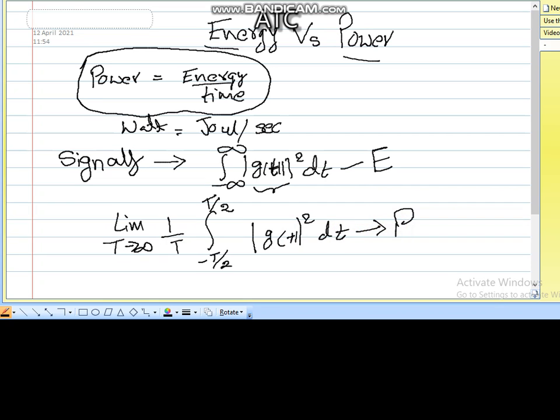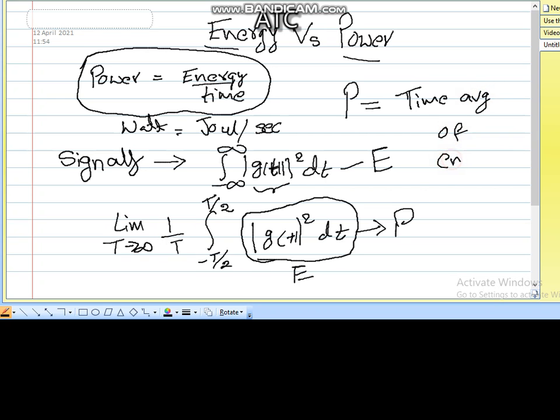You can clearly observe that this represents the energy signal, so power is nothing but the time average of the energy signal.